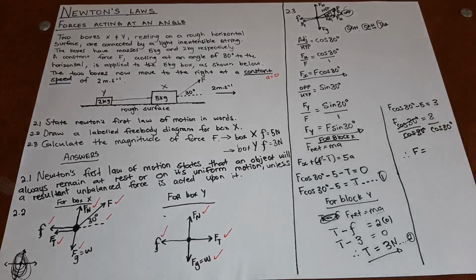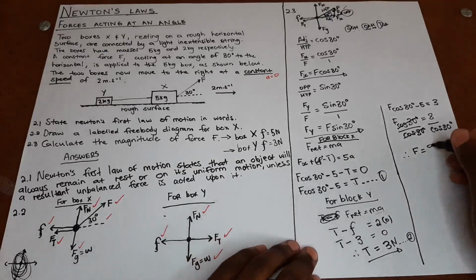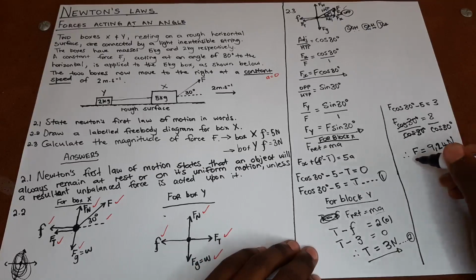Let's press in our calculators: 8 divided by cos 30 degrees gives us 9.24 newtons, rounded off.